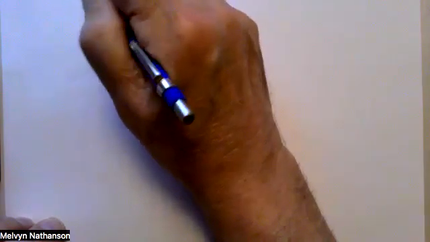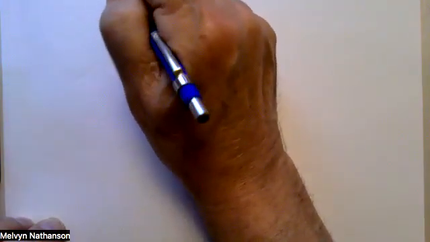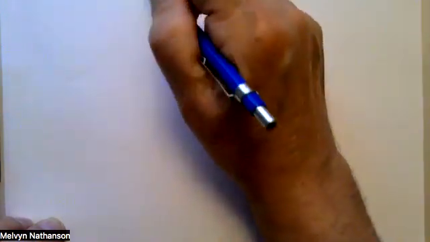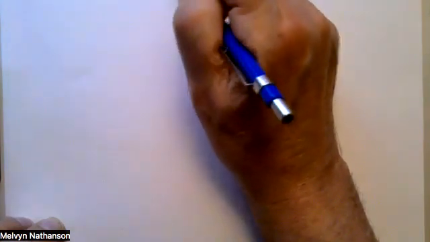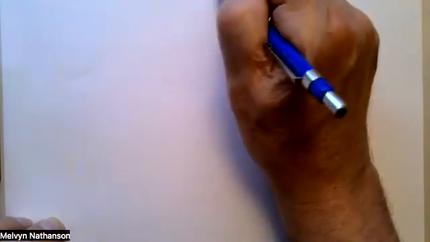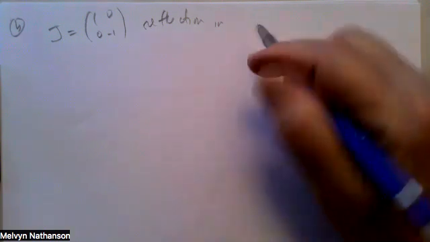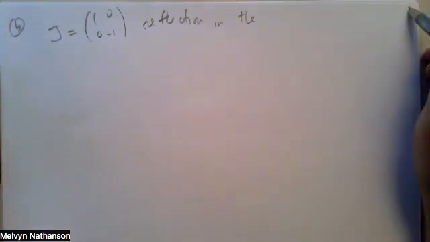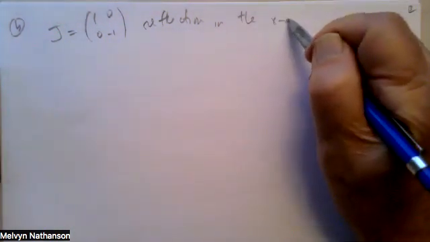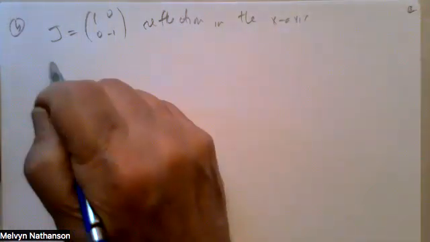Part B is to let J be the matrix 1, 0, 0, minus 1, which they call reflection in the x-axis. And why is that?